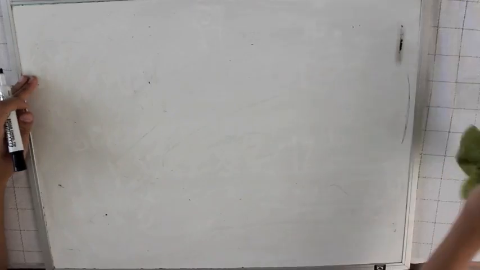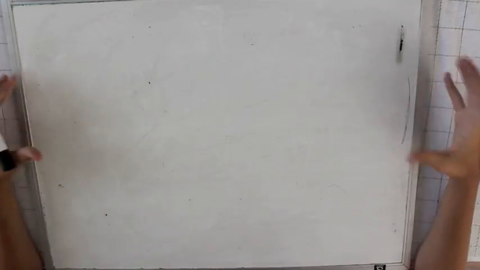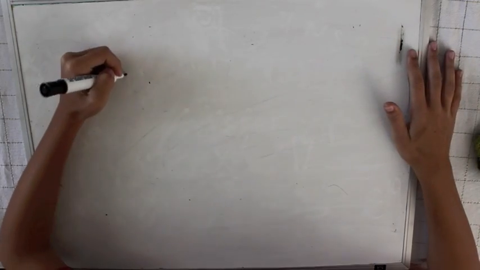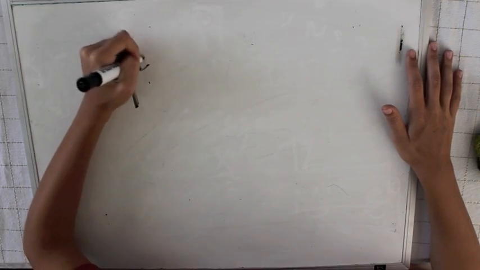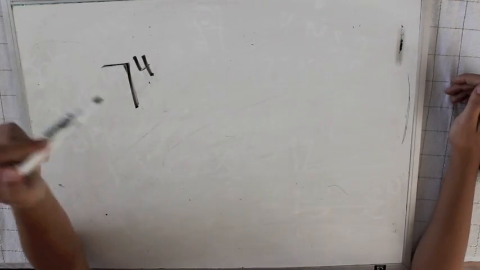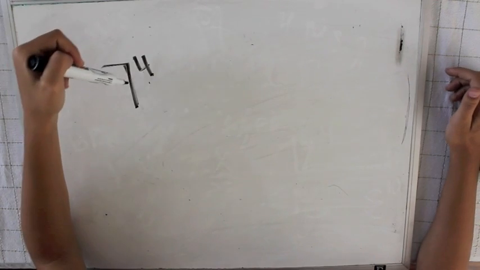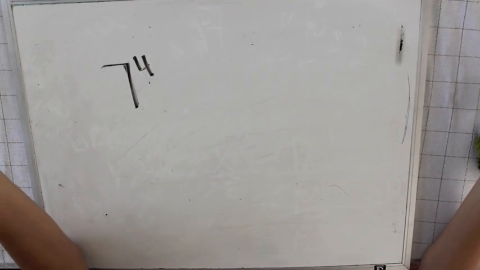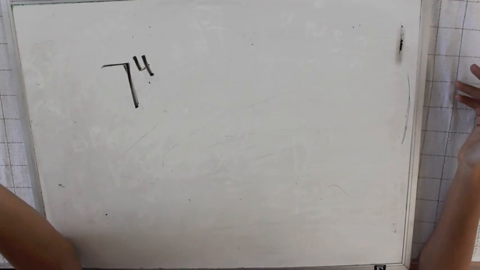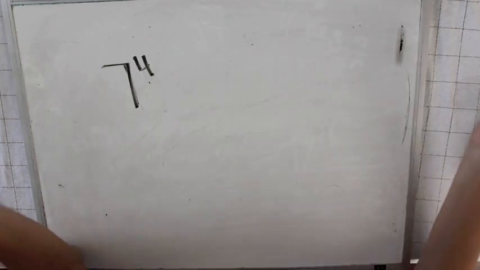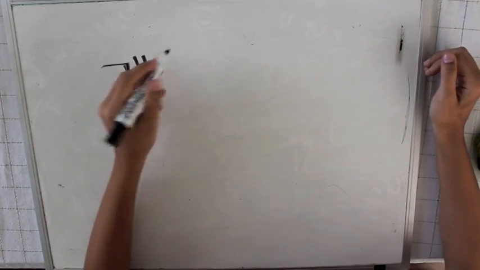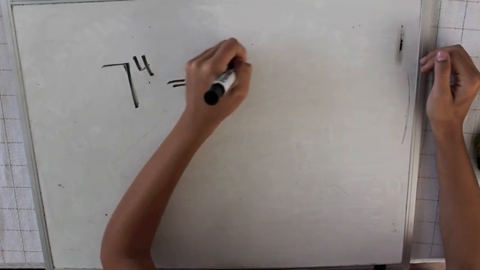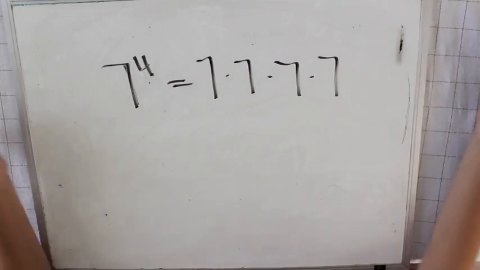Now expanding is doing the exact opposite, and it's taking something small and making it into something big. So if we have 7 to the 4th, we want to expand this out and make it into a big long multiplication problem. It really just equals out your laziness of condensing. So 7 to the 4th actually means 7 times 7 times 7 times 7.